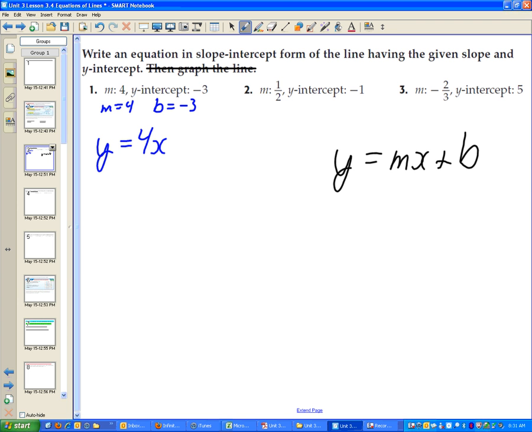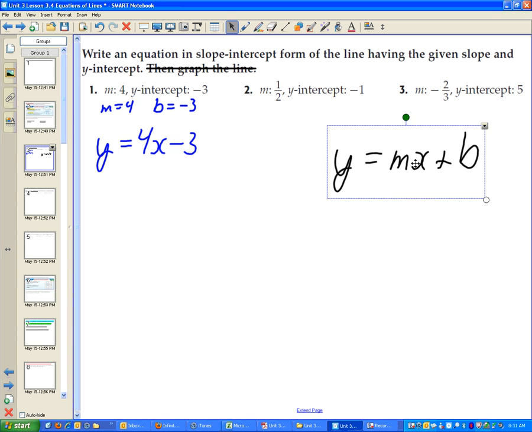Now I could write plus -3, but what's better looking and simpler and more accepted form than saying plus -3? Minus 3. That's it. We're done. Remember doing those?